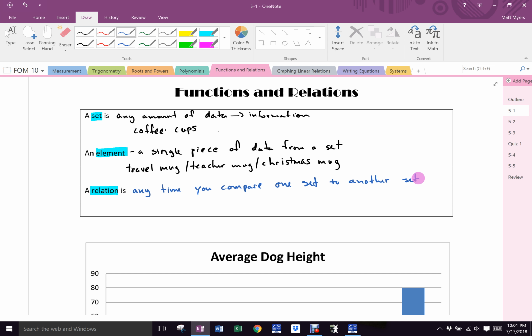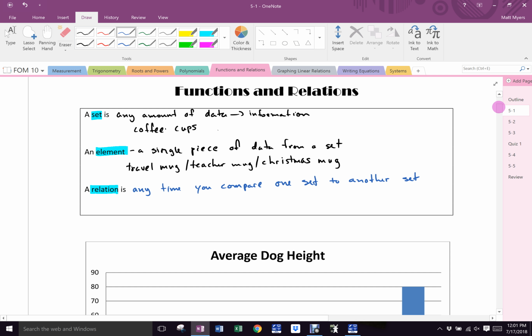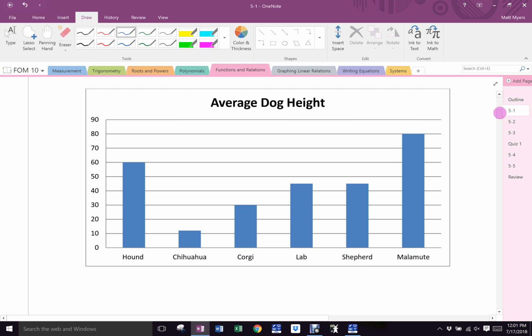Hands and mugs. How many elements in the mug set? 4. How many elements in the hand set? 1. We'll stop there. All right, so everyone's cool with this? Okay, let's see if we can apply this to another chart or another series of data.